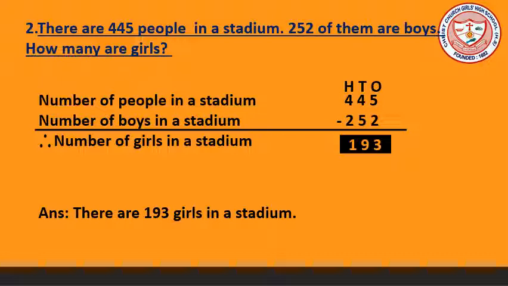So here also you have to remember that you may write this HTO or may not, but the numbers you have to write one below another. Like this. The ones column would be written like this, then tens column, then comes 100 column. Okay? Clear?